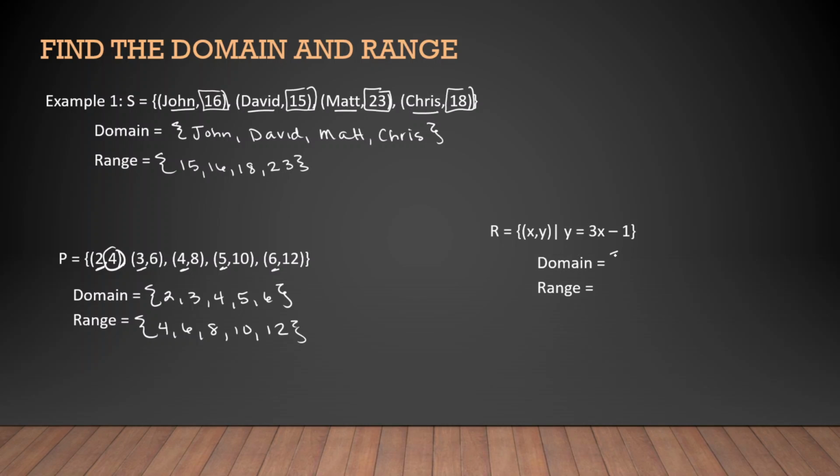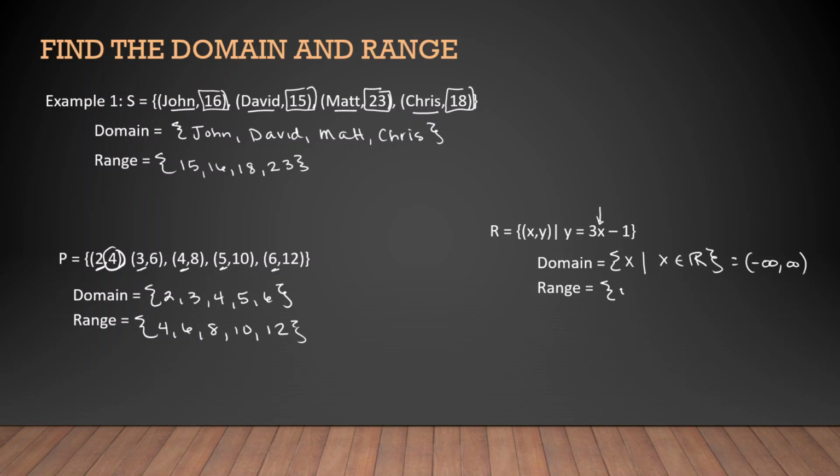So the domain is the set of X values. In this particular case, I can input any number I want into here, multiply it by 3 and subtract 1. So X is going to be a real number, okay? Or I could simply say negative infinity to infinity if I want to write it in interval notation.